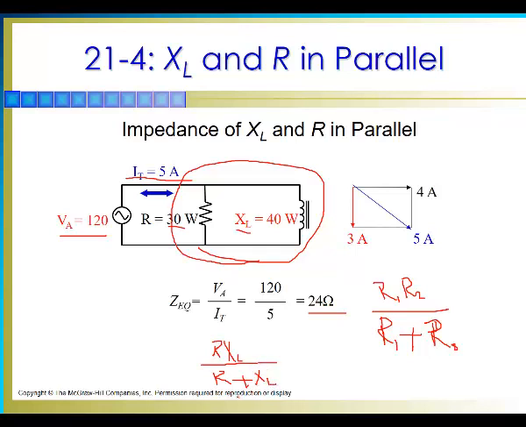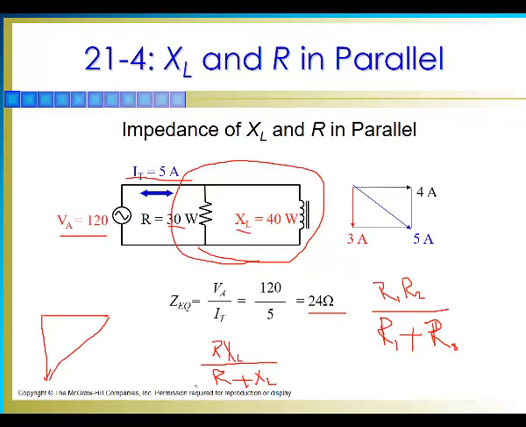So remember that this cannot be just done like this, because I cannot add R plus XL, because this is resistance, this is reactance. They're 90 degrees out of phase. So in order for me to add, let's say R and XL, I need to find this distance, and that would be the resultant.